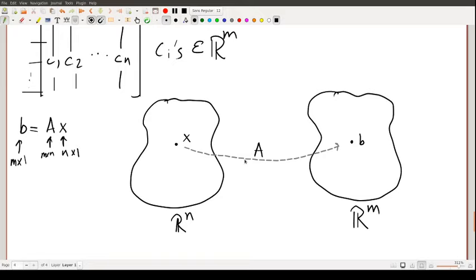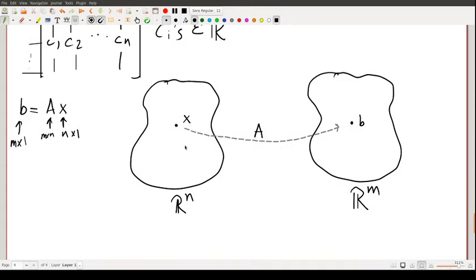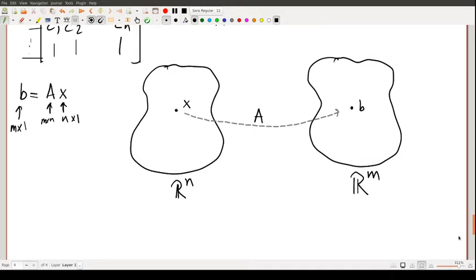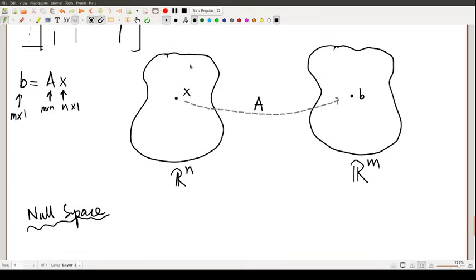So let's look at it from this angle. When you multiply vectors in this space by this matrix, you get vectors in this space. Now at this point we get a notion of some subspaces, and firstly we have the null space. The idea is you ask which vectors in this space, when multiplied by A, give a result of 0.